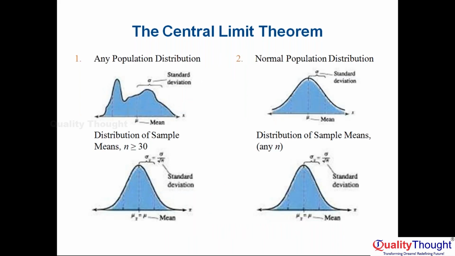Any population distribution, with a sample size greater than or equal to 30, you can approximate to a normal distribution. And if the population distribution itself is normal, from which you take sample means, then by default the distribution of the sample means will be normal.